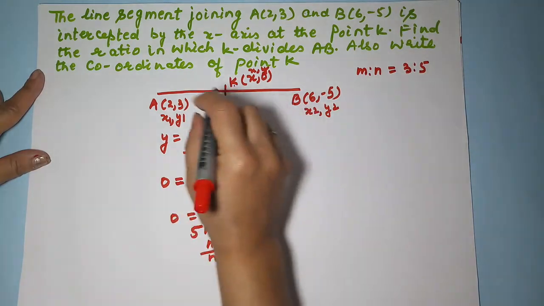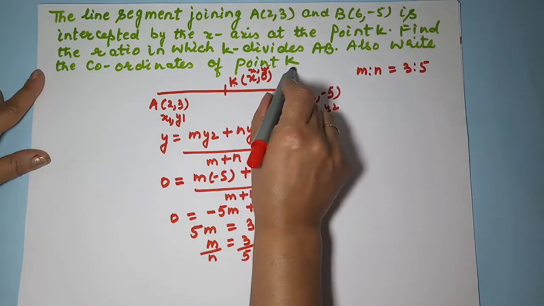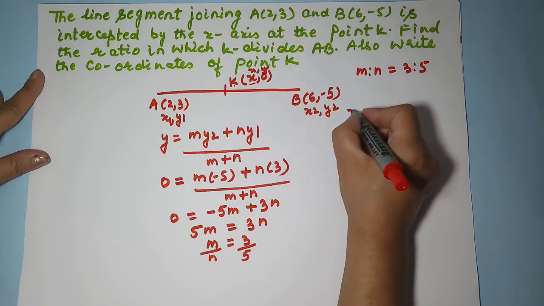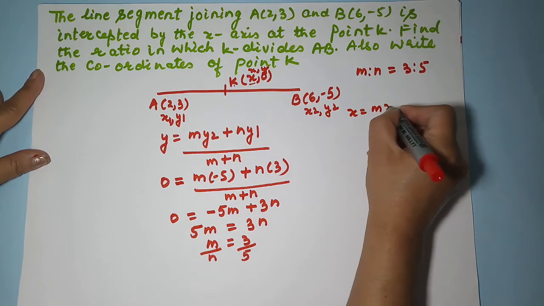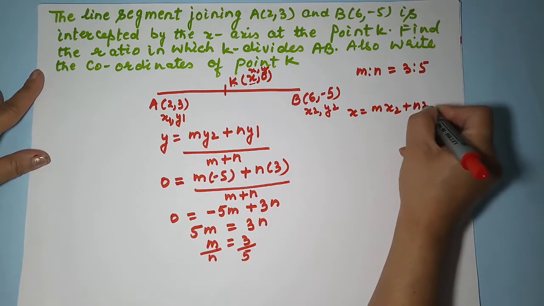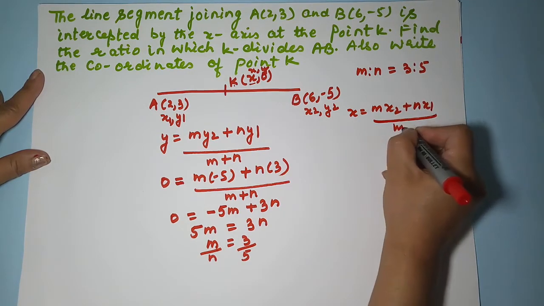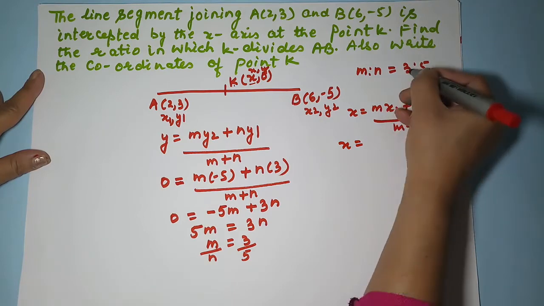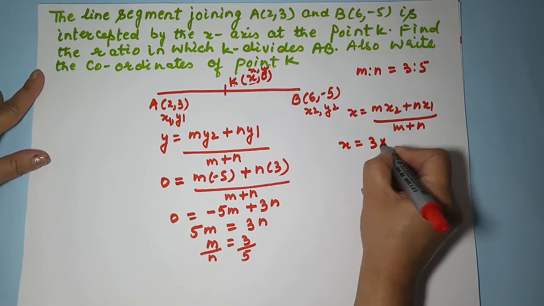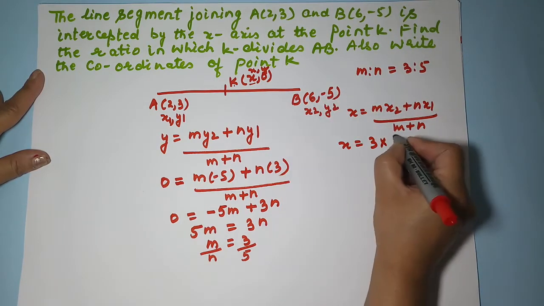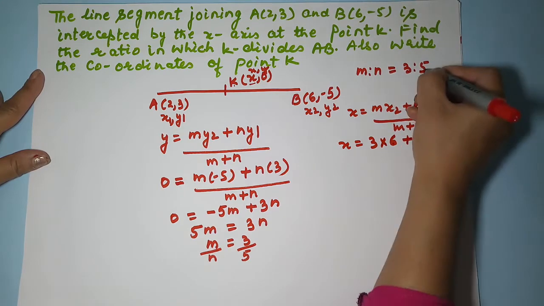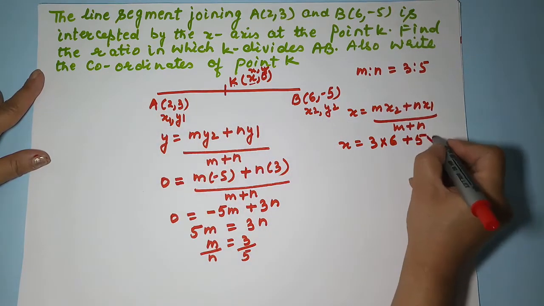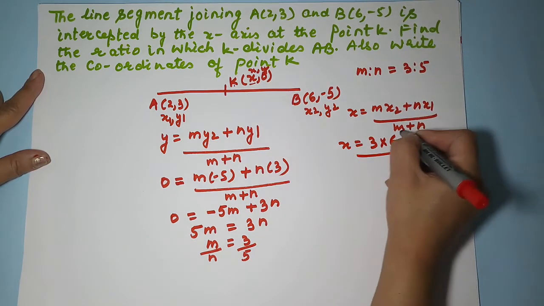Now he wants me to find the coordinates of this point K. That means I have to find this x coordinate now. x is equal to (mx2 + nx1) upon (m + n). Now I have everything. I have m, what is that? 3. I have x2, where is my x2? It is 6, plus what is my n? It is 5. And what is my x1? I have x1 as 2, divided by m plus n.